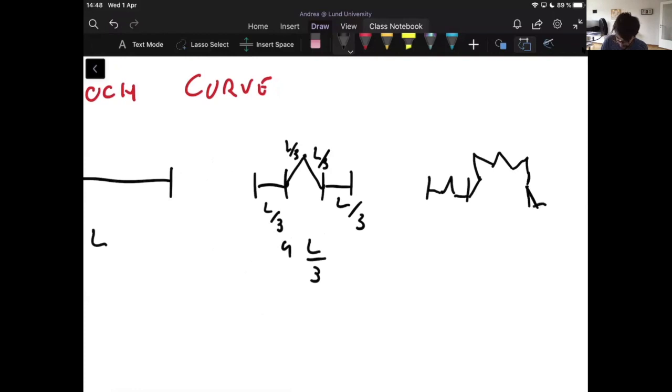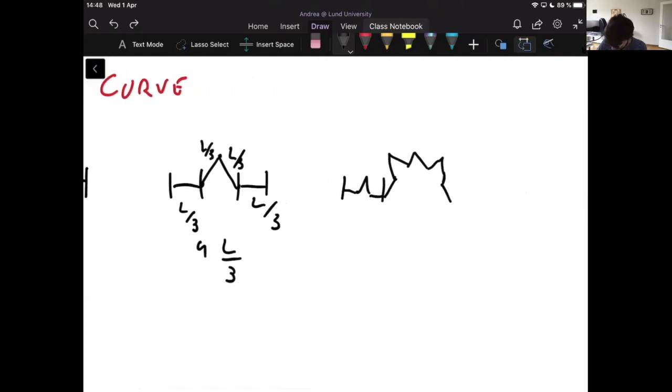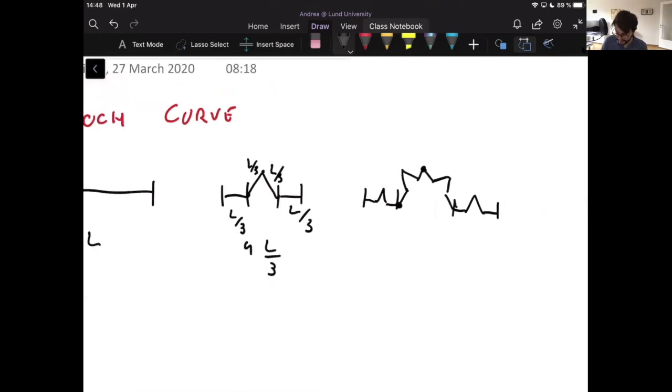I hope I was teaching you how to draw a little bit better, but I should take more classes in drawing. But okay, I show you the proper picture before. So this should be just linear, but this is how you draw.